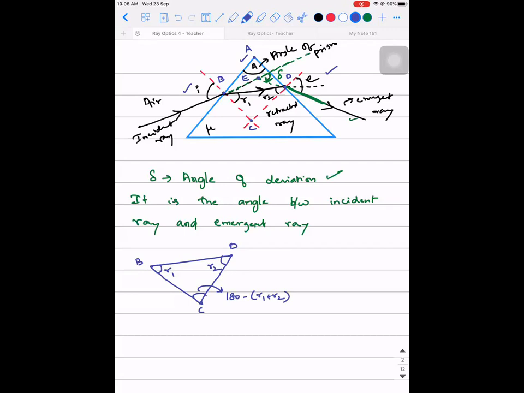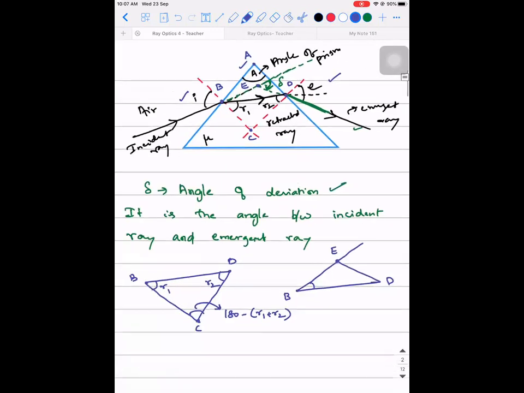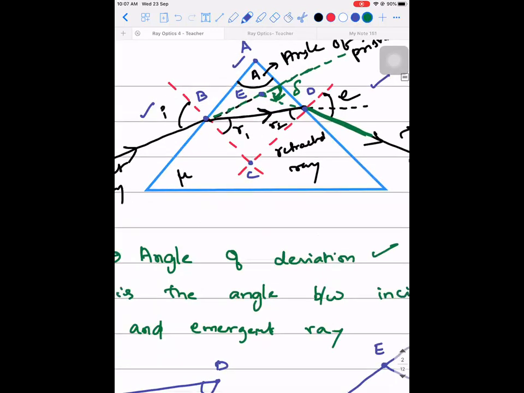Now see, if I take the triangle BDE, okay. Now tell me, how much is this angle? I minus R1. Very good. It is I minus R1 because if this is I, exactly the vertically opposite angle is also I. Then how much will be the remaining part?